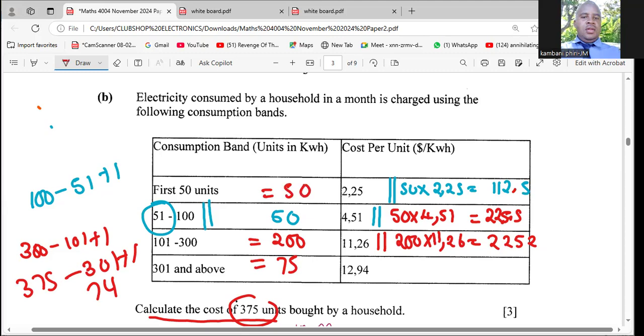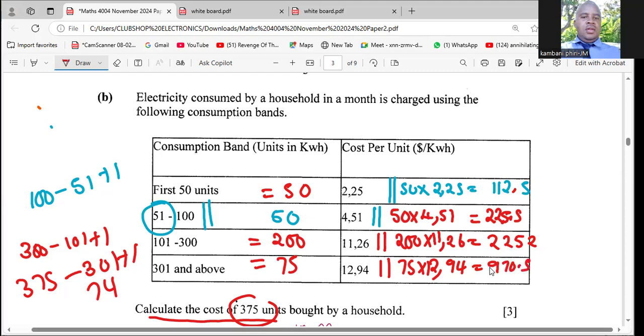So this means that we have 75 times 12.94. What do we get? We get 917.5.